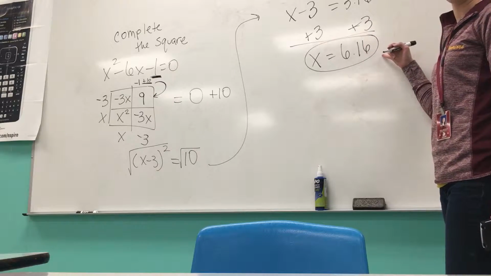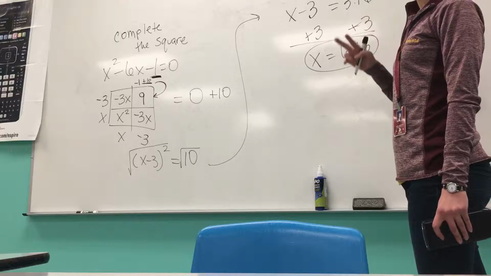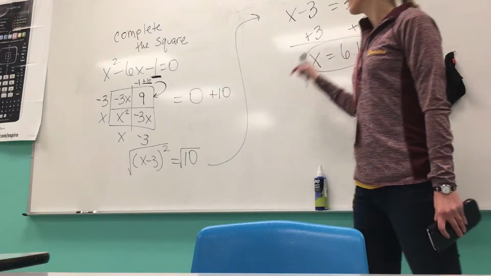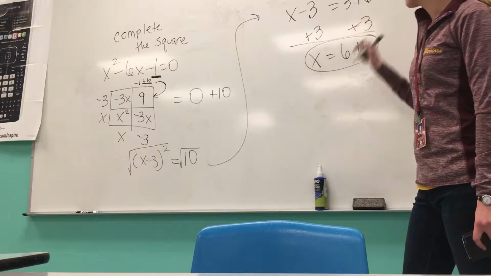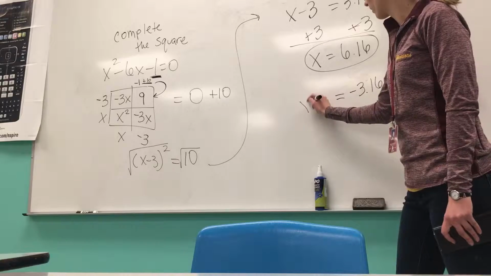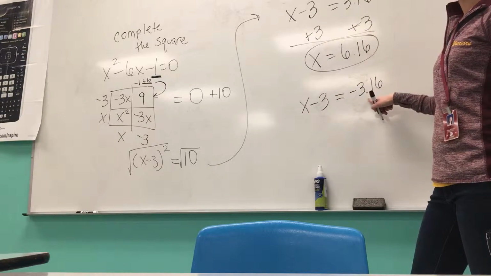This is the approximate answer, but don't worry about the exact answer. So here's the approximate answer. The second one we get by taking, instead of saying the square root of 10 is positive 3.16, it's going to be negative 3.16. Okay, so I'm going to keep the same equation, but I change what it equals. Now it equals negative 3.16.